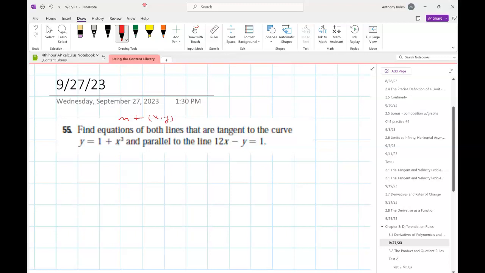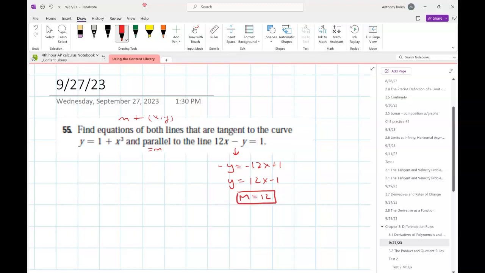Well, the slope I'm going to get from my equation for a line that it has to be parallel to. Because what do we know about parallel lines? Equal slopes, yeah. So let's subtract 12x from both sides. And then divide by -1. So the slope I need is 12.